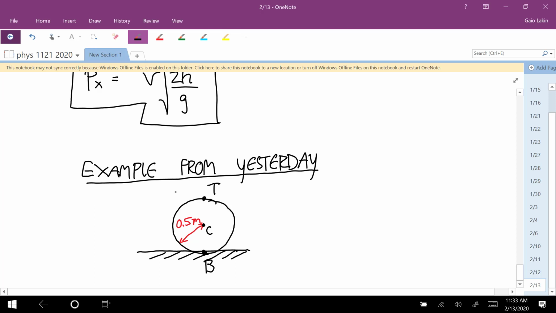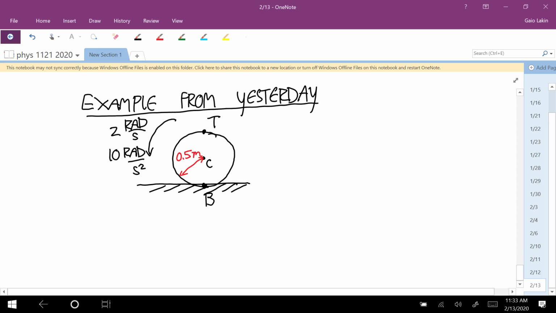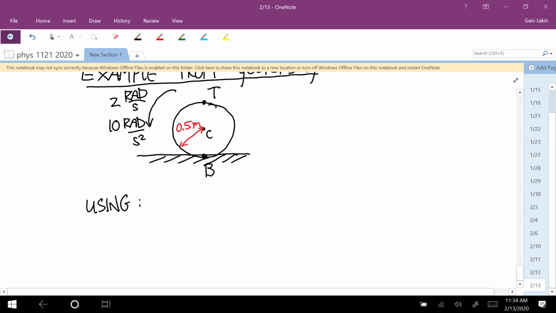And we were given that the angular velocity and angular acceleration were both counterclockwise. So it was 2 radians per second, and then the angular acceleration was 10 radians per second squared. And the equations that we used were for rolling without slipping.